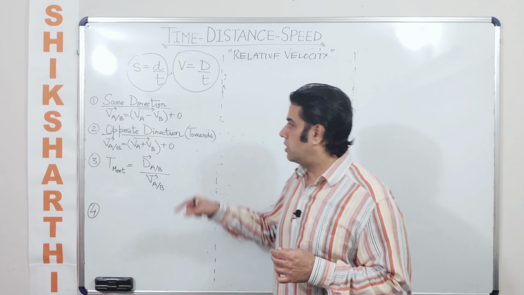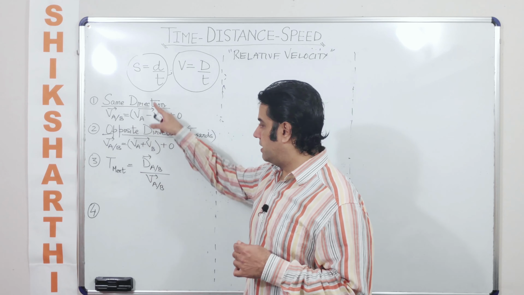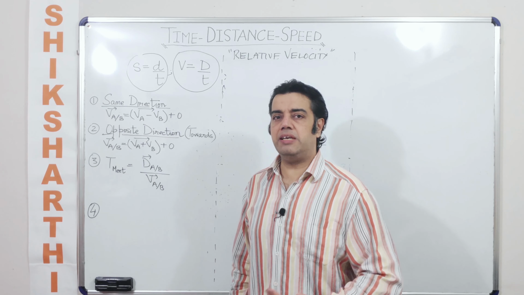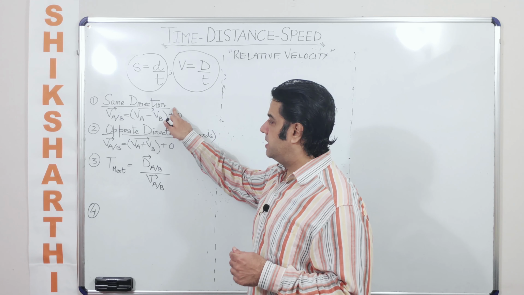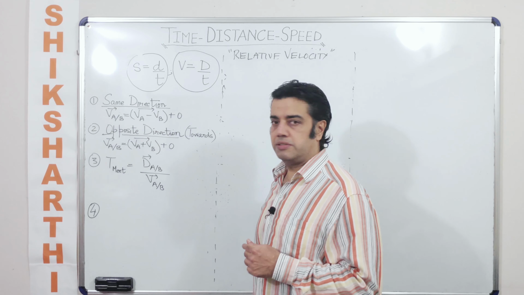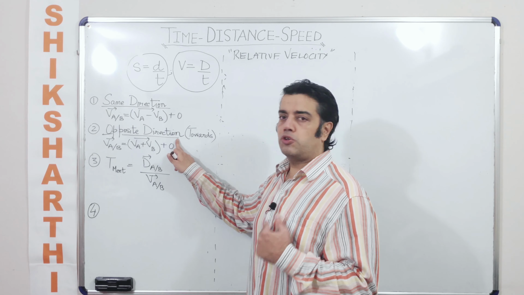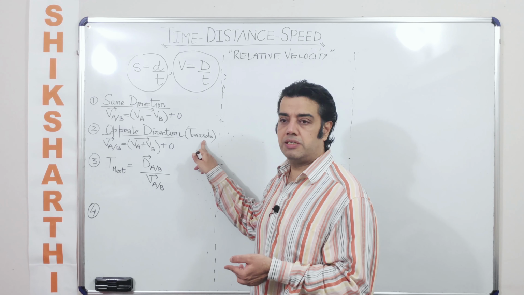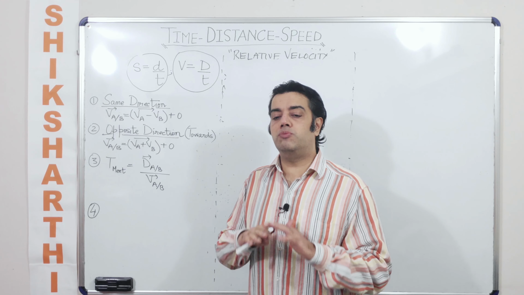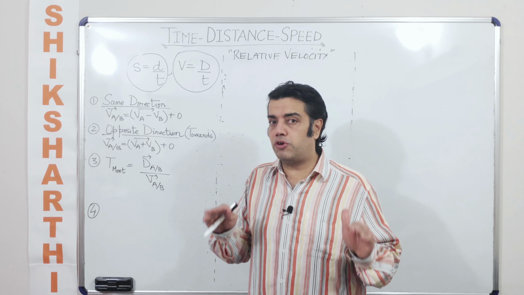Okay, so these are some of the concepts that we have already discussed. I'll just quickly go through them. One is, if there are two objects moving in the same direction, then we subtract their velocities. If there are two objects moving in opposite direction, here meaning moving towards each other, the second possibility could be that they are moving in a circular motion away from each other.